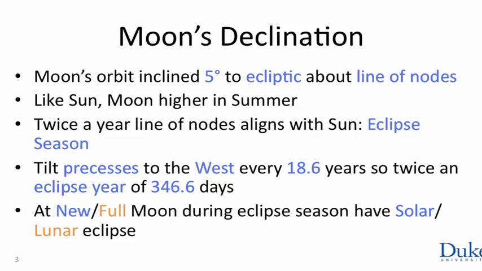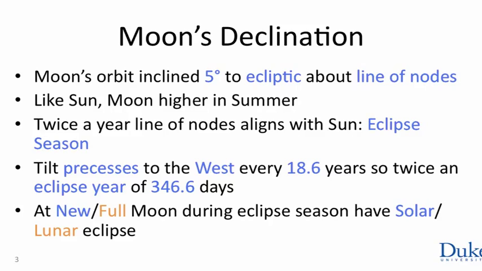The analog of the equinoxes, the hinges at which these two circles are hinged, is now called the nodes, and the line connecting them, the line of nodes. And so the moon is at most 5 degrees away from the sun, which means, among other things, that as the sun moves north and south along the ecliptic, by 23.5 degrees in the summer north and 23.5 degrees south in the northern winter, the moon, which is at most 5 degrees away from the sun, pretty much follows the ecliptic.